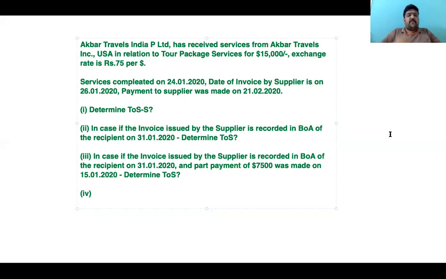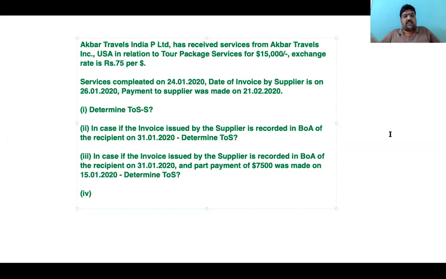Very interesting to note, because the invoice was issued by the supplier on 26/1 and was received by the recipient and recorded in the books of accounts. Because it is an AE, the date of entry in the books of account for the balance $7,500 will be 31/1/2020.